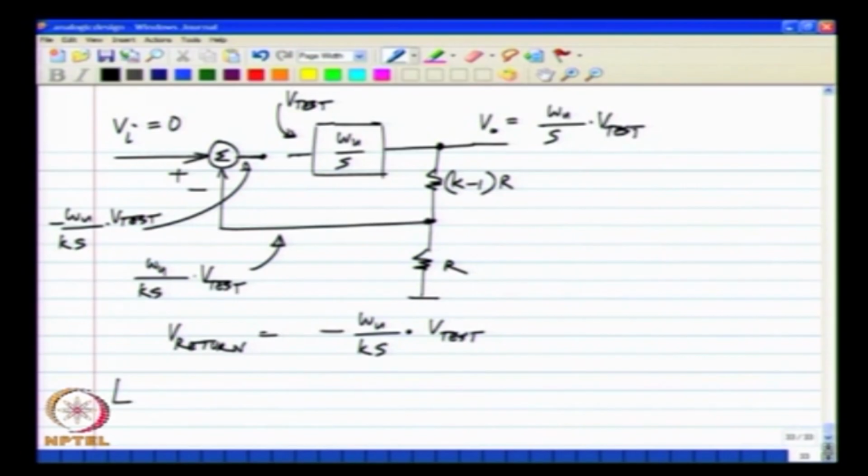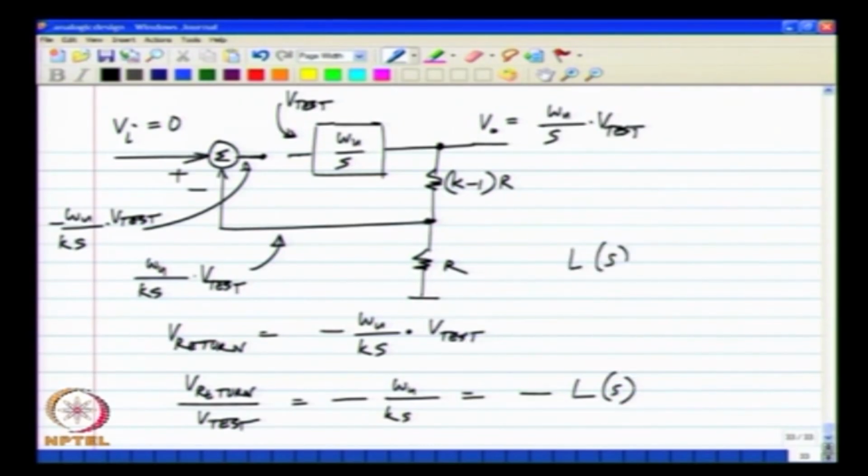Or I can define the loop gain. The ratio of V return by V test is minus omega u by K s, and I will define this to be minus L, where L is the loop gain.